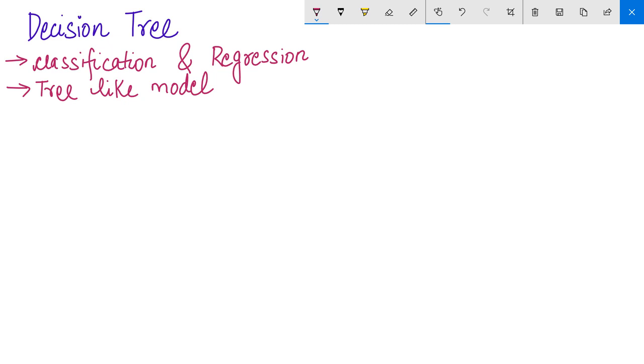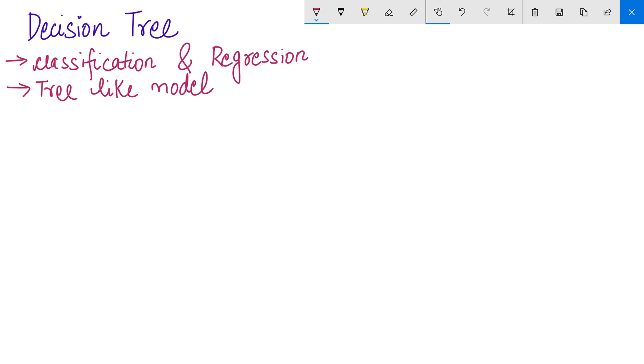Okay. It is widely used in machine learning, which will be our main focus. But let me also tell you that the decision tree is commonly used in data mining as well.